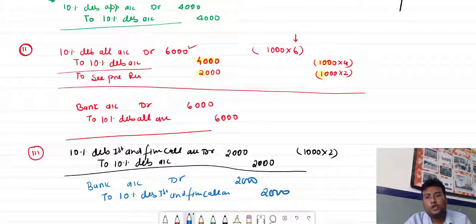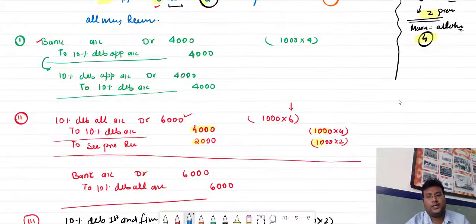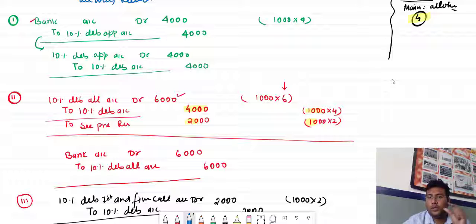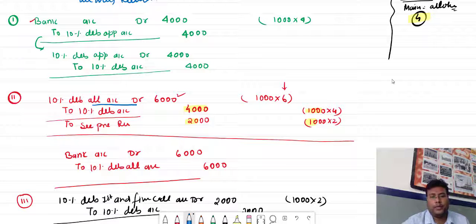Okay, now just see the premium entry. So the total amount on allotment, the main amount goes to the debenture account, and whatever the premium amount is, that will go to security premium reserve.